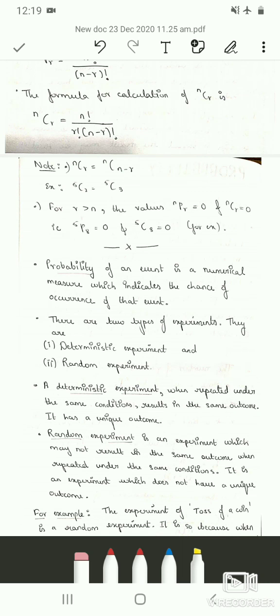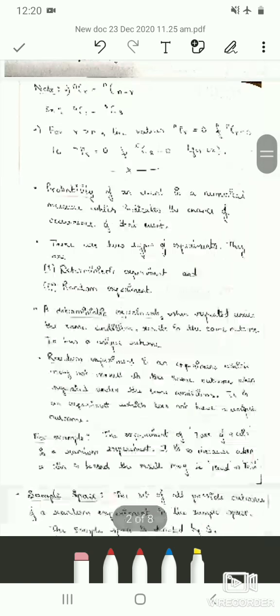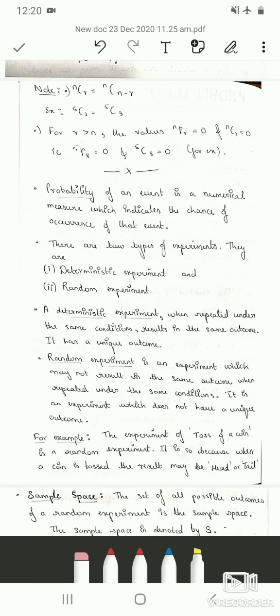So there are two types of experiments, and they are deterministic experiment and random experiment. A deterministic experiment, when repeated under the same conditions, results in the same outcome. That is, it has a unique outcome.